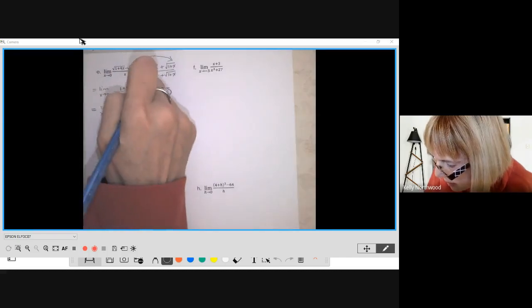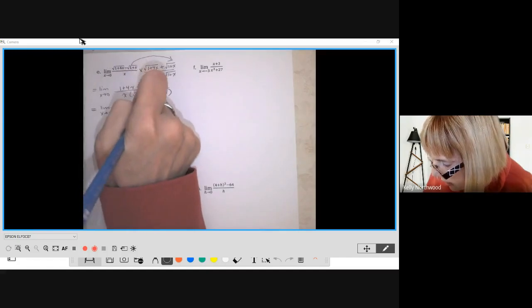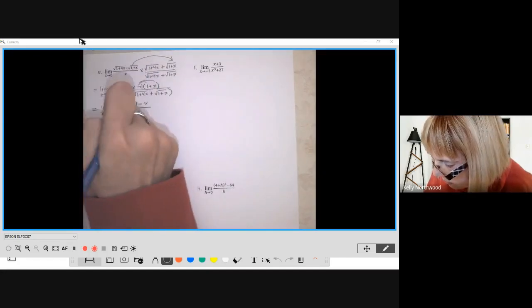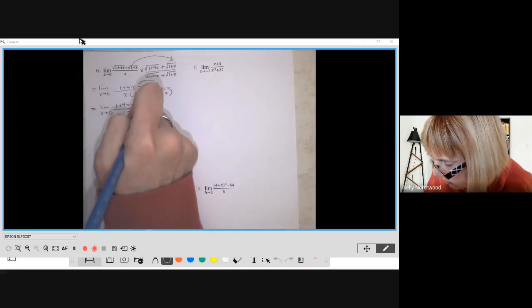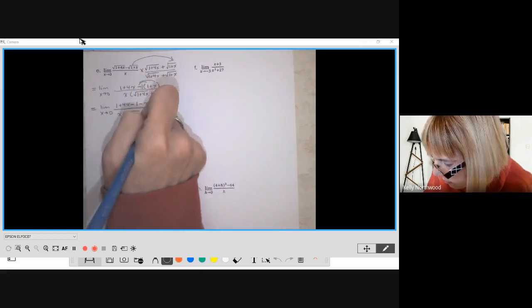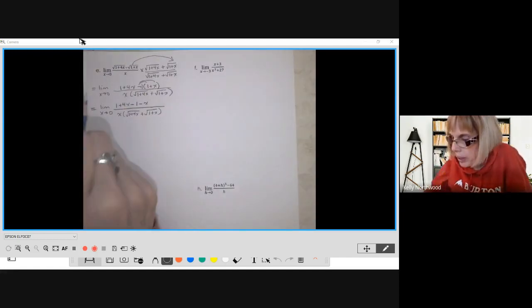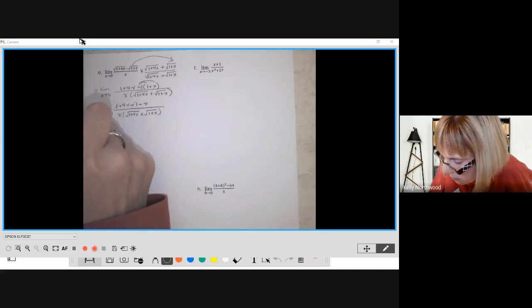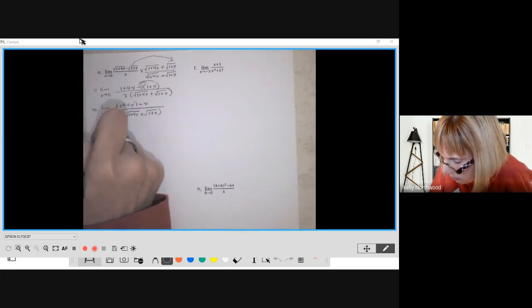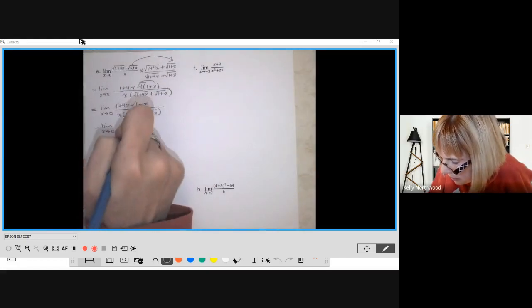So that minus distributes through the bracket. So minus 1 minus x. And then my 1 minus 1 add to 0. 4x minus x is 3x.